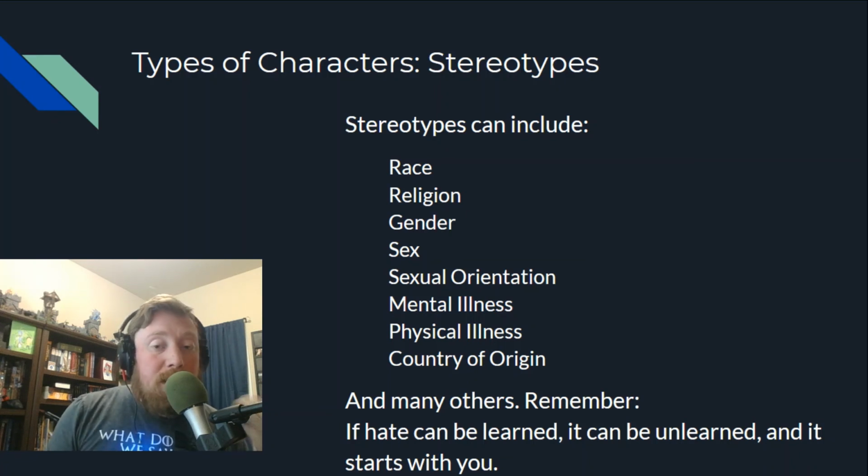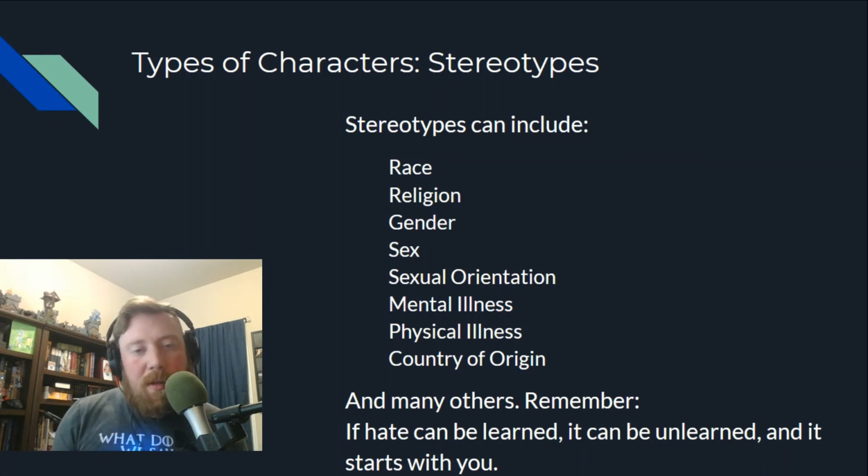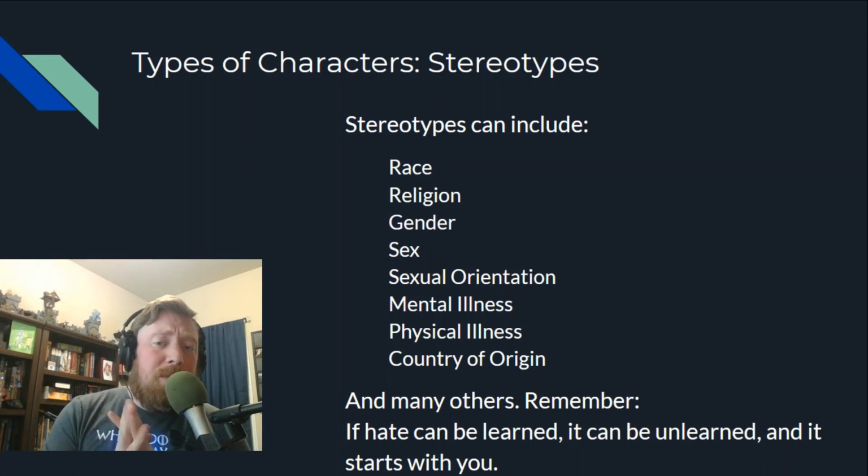It can include sex, whether you have male parts or girl parts, like that is somehow tied to ability, attitudes, or beliefs. Sexual orientation, mental illness, physical illness, all of these things can have stereotypes attached to them, okay? And it's up to you to be able to identify what are the stereotypes or what are the implicit biases that I might have against any given group of people.